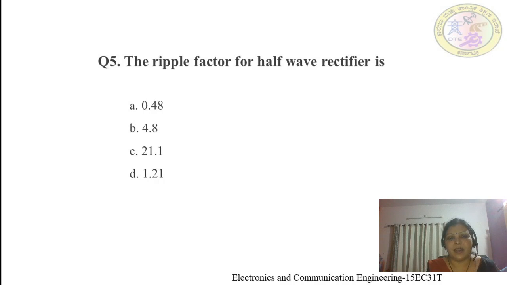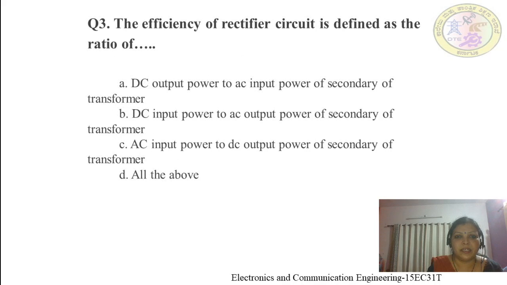Okay. And I would like to tell that when we discuss the efficiency, efficiency again is an indicator of the performance of a rectifier. So should efficiency be more or less for the rectifier circuit in order to call it a good rectifier? Yes, of course, you are right.